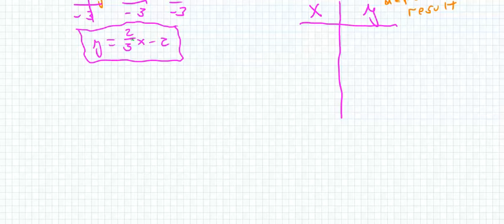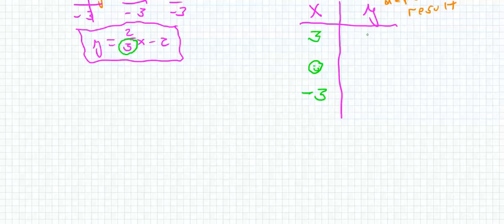I am always going to pick whatever the denominator is. Denominator is 3, I'm picking 3. And the opposite, because I don't want fractions. And I'm always going to pick 0. 0 makes our life easy.